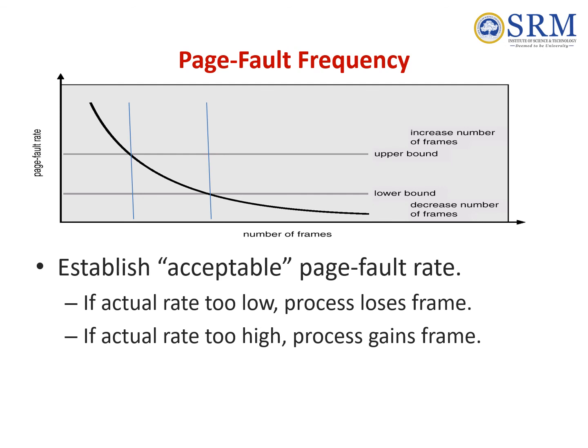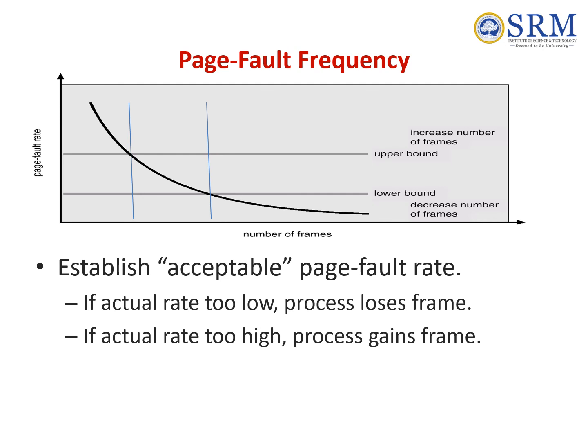Similarly, if the page fault rate exceeds the upper limit, the number of frames allocated by the system is too few, so the process will expect more frames from the system. Once you redefine the number of frames, the process can make better use of them.